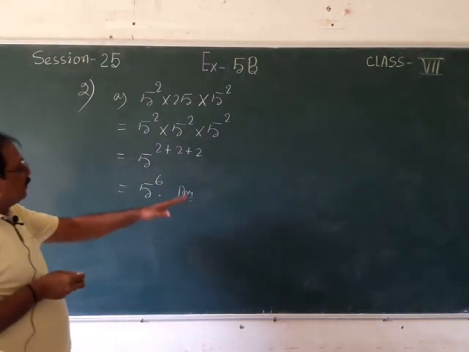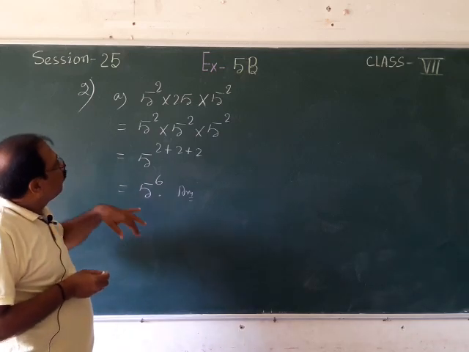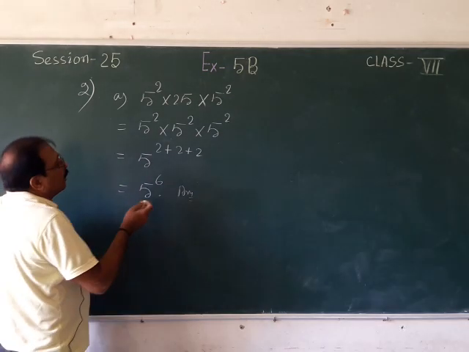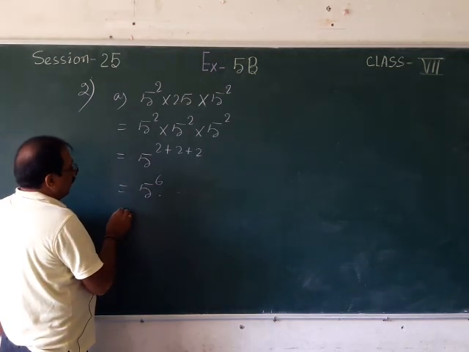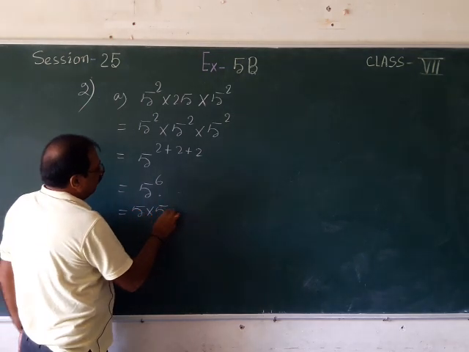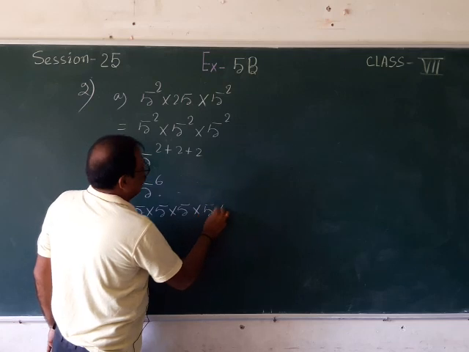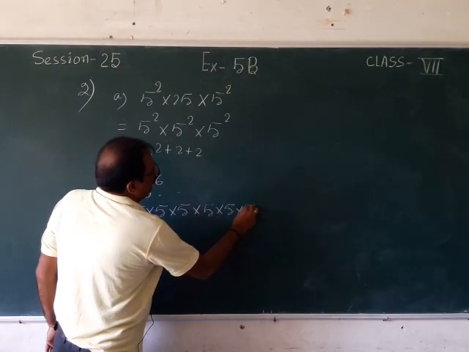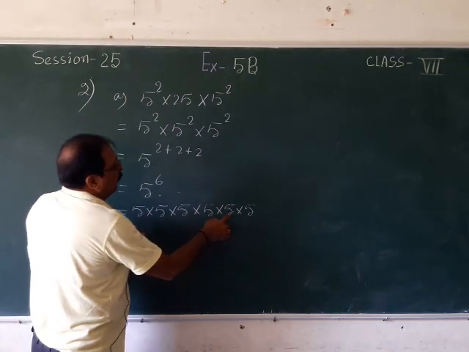Now 5 to the power 6, you can keep your answer like that also, but in your book the answer is written in other form. That means you need to multiply. Just write 5 6 times and multiply it. See, 6 times 5, 1 2 3 4 5 6.